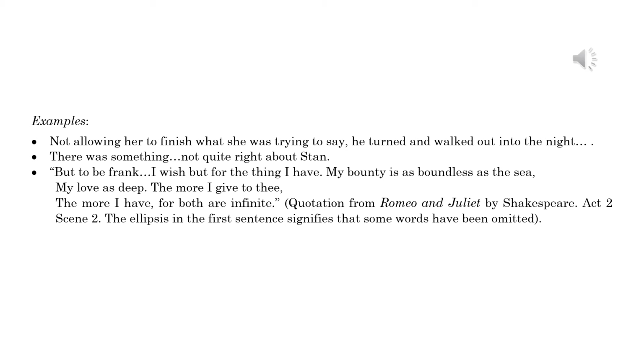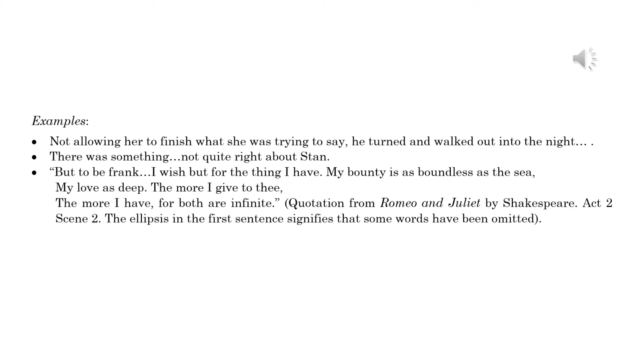Examples. Not allowing her to finish what she was trying to say, he turned and walked out into the night. There was something not quite right about Stan. But to be frank, I wish but for the thing I have.